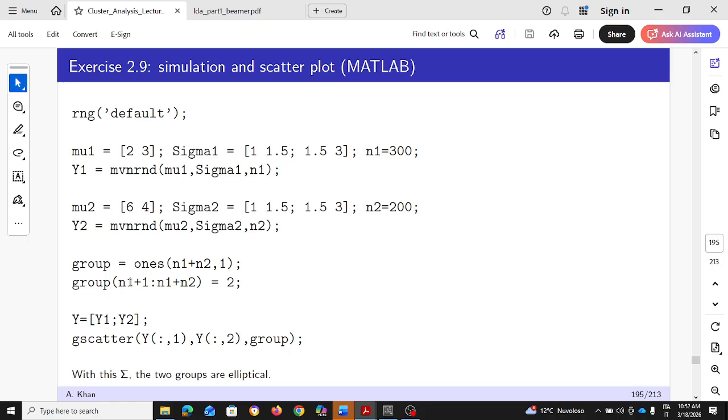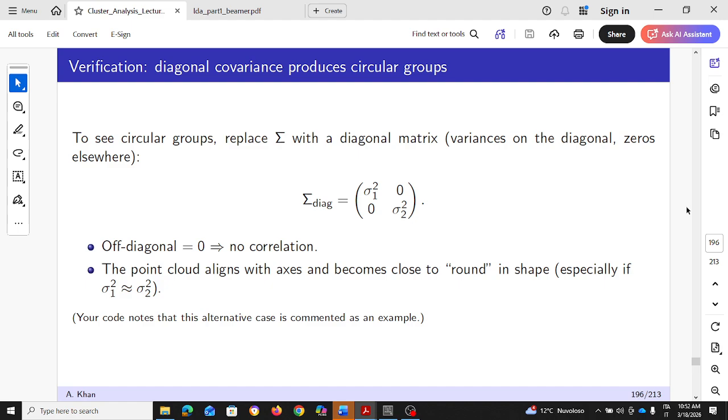N1 is 300, so the starting point is 300 up to N2, which is 200, so 300 to 500. The first group we label 1, the second group we label 2. Then we combine them and we plot.